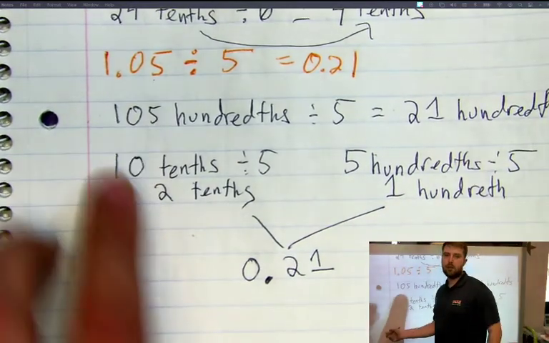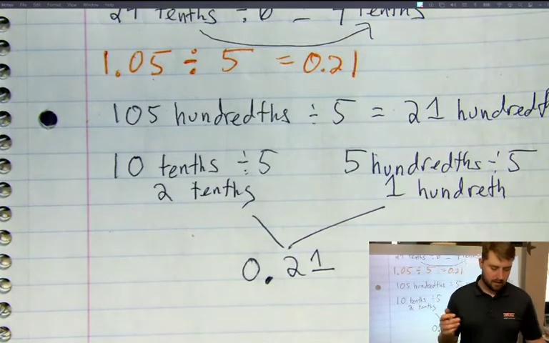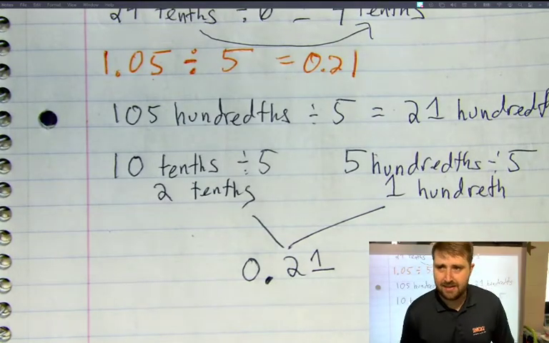If you didn't want to decompose 1.05 into 10 tenths and 5 hundredths, that's okay.